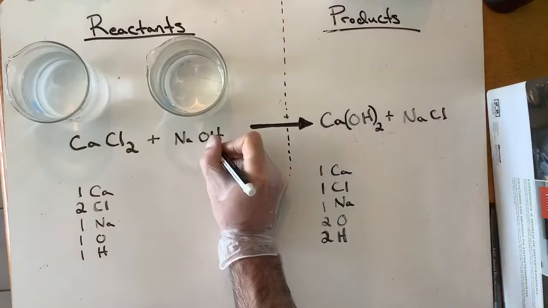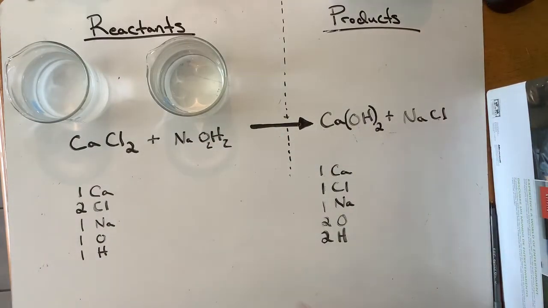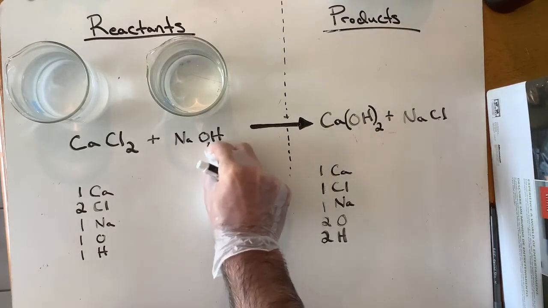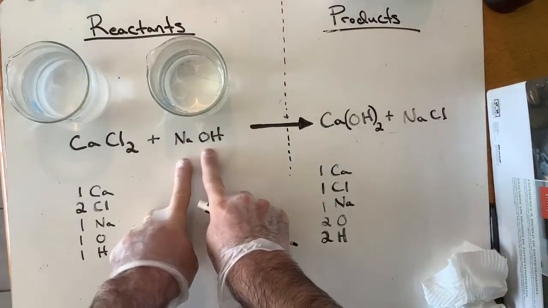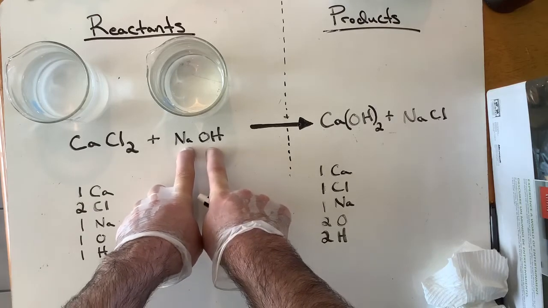But I can't just add subscripts on here and say, oh, done, because if I do that, I'm changing the very substance that I started with. So we can't just do that. This whole thing is like a package together. My sodium is bonded to my hydroxide.